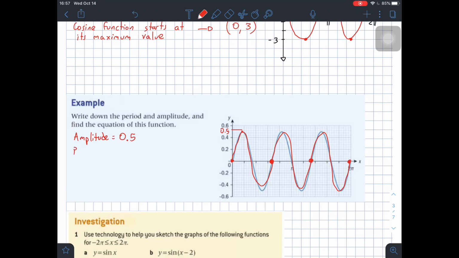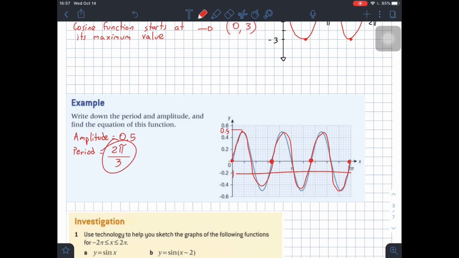So for the period, we could say that it covers a total distance of 2 pi, this is 2 pi, in 3 cycles. So the period will be 2 pi over 3, okay?